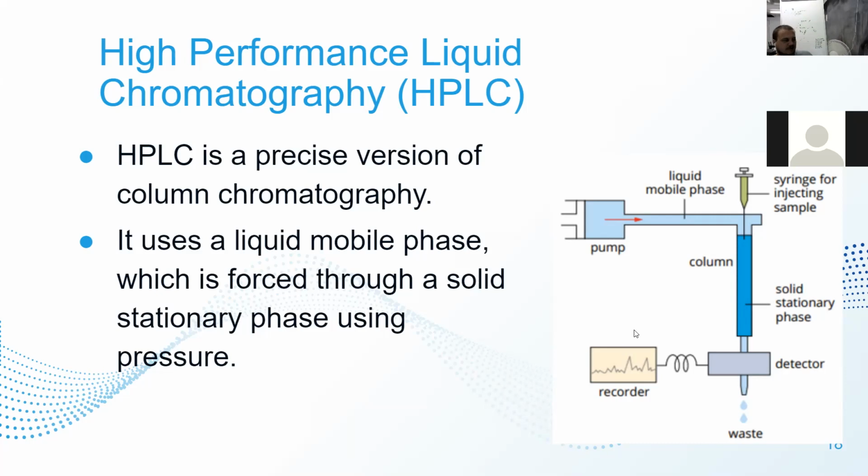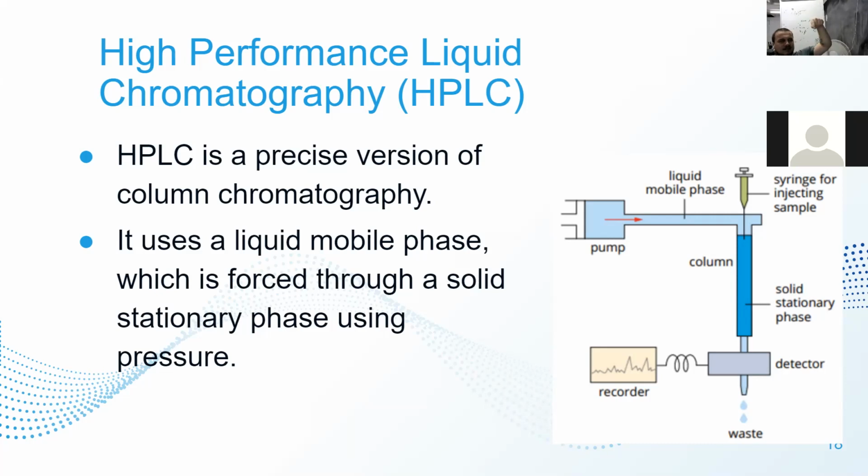So the big difference here is we have a detector and a recorder. Now, sometimes it's not waste because you want to catch what's coming through as well to test it. But for this, all we're really caring about is what's coming through and what's not.